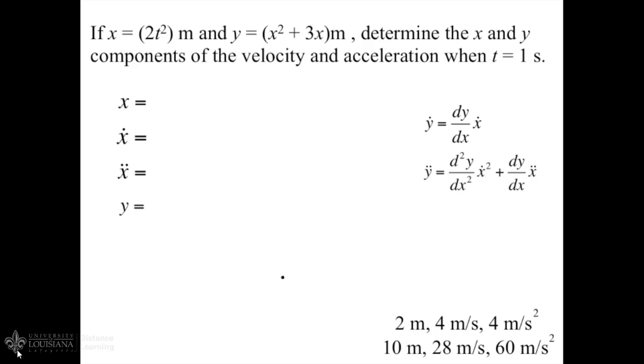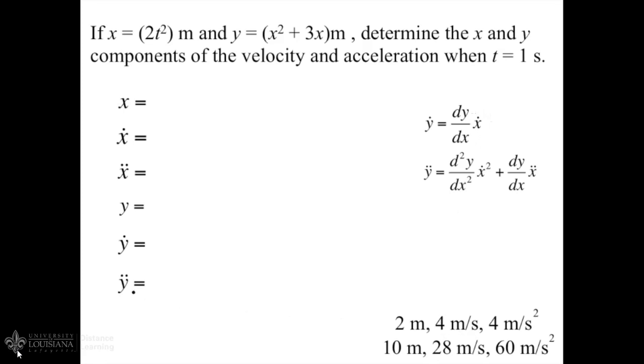Next, I would find the position of the particle along the y-axis, although in this problem it's really not necessary to do this part. Taking the time derivative, though, we'd have to use this relationship. Again, dy/dx would have to be found from here, and then you'd multiply it by x dot, which is 4 meters per second.